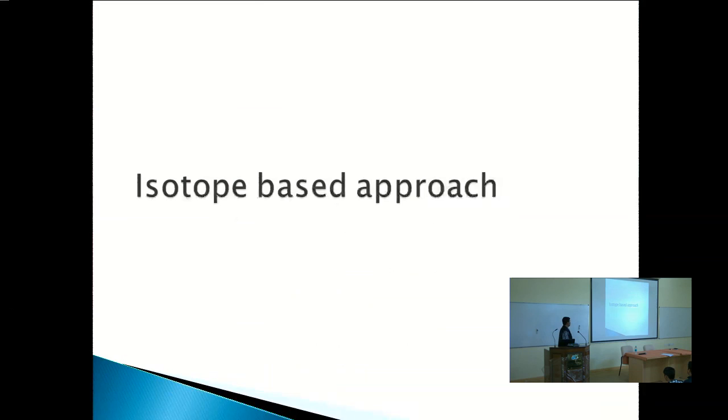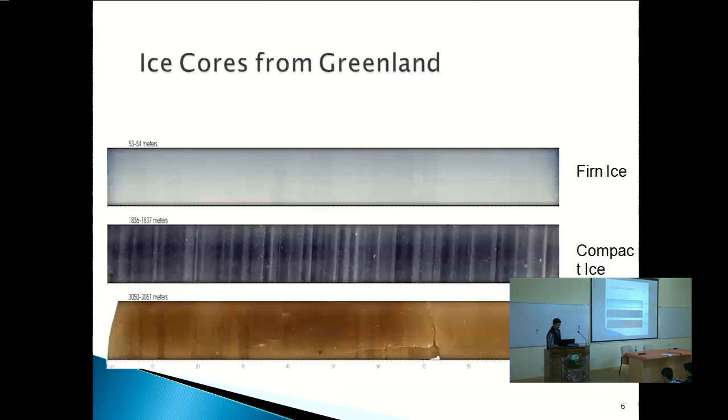So now I'll go straight to the isotope-based approach, and I think that many of you are familiar with this. Most of the things which you learn about going back in time, like I talked about Milankovitch cycle, are based on ice core records. And what you do is that you study the ice, and ice has such kind of stratifications.